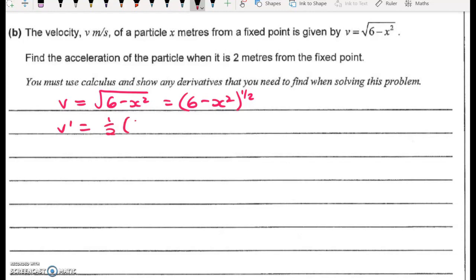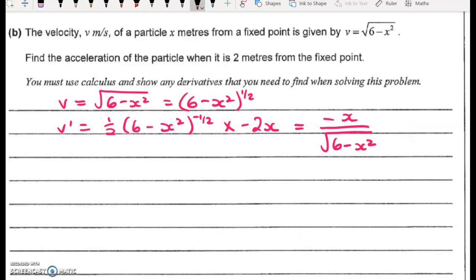So a half 6 minus x squared to the minus a half multiplied by the derivative of the inside, which is minus 2x. So that is equal to minus x over the square root of 6 minus x squared. If we're putting it into similar terms or things we can easily work with, you don't have to rearrange it to this. You could actually just leave it in this first form here.